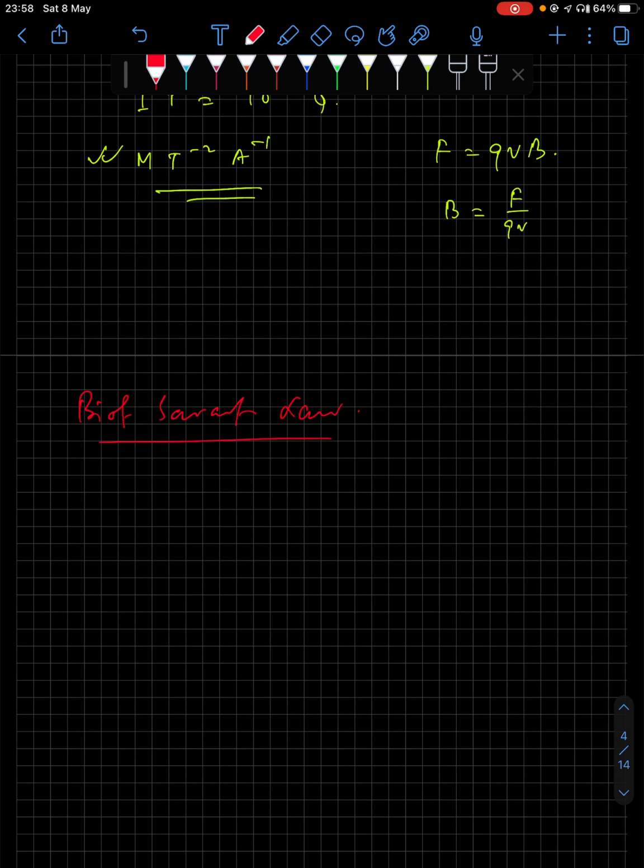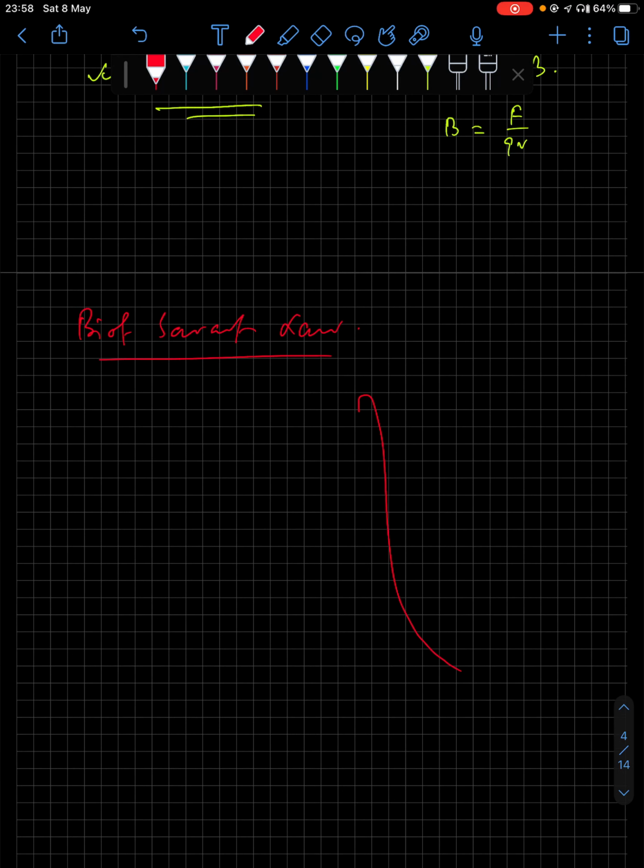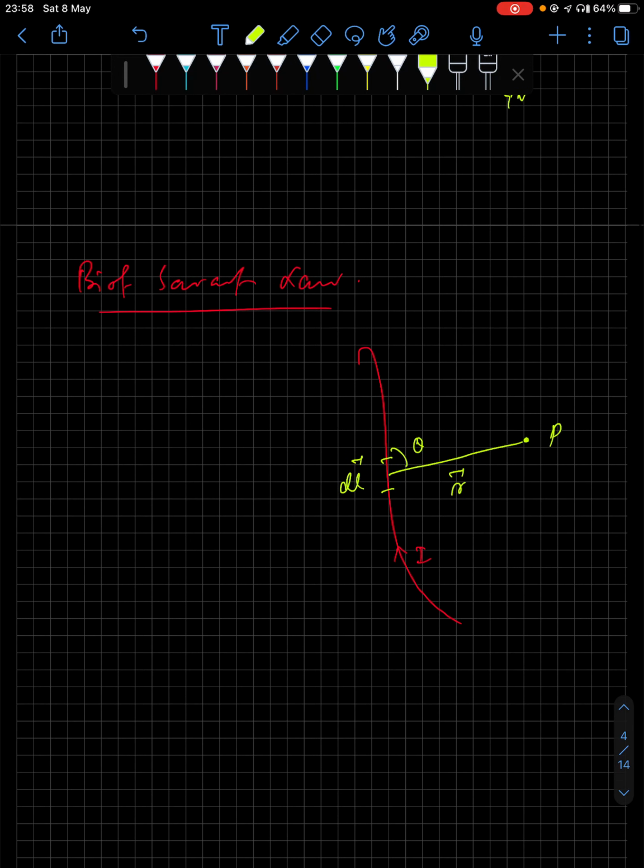Biot-Savart law. Consider that a wire is carrying a current I, and we have to find the magnetic field at this point P. This point P is at a distance r from the length element dl vector. Theta is the angle between dl vector and r vector. In accordance with Biot-Savart law, the magnetic field at the point P is dB equal to mu naught I dl sine theta by 4 pi r square.